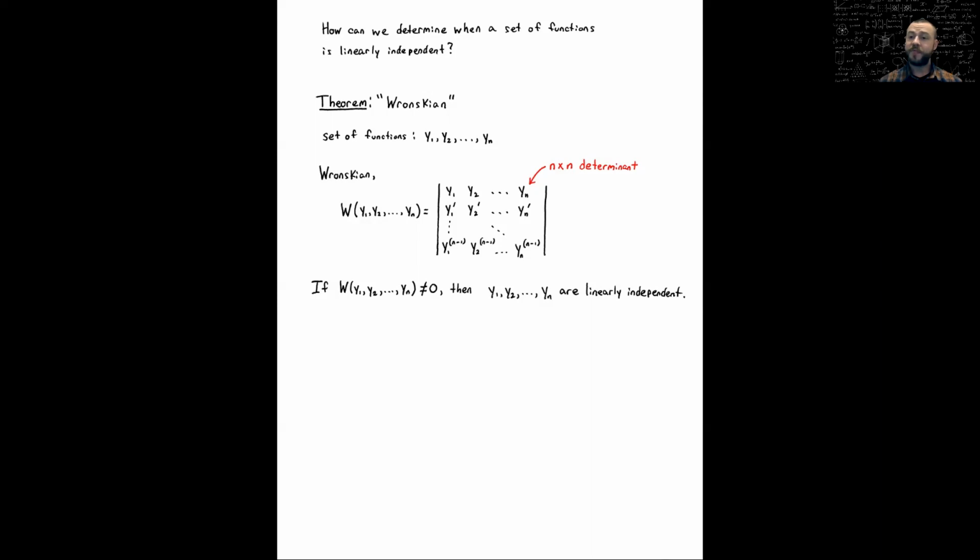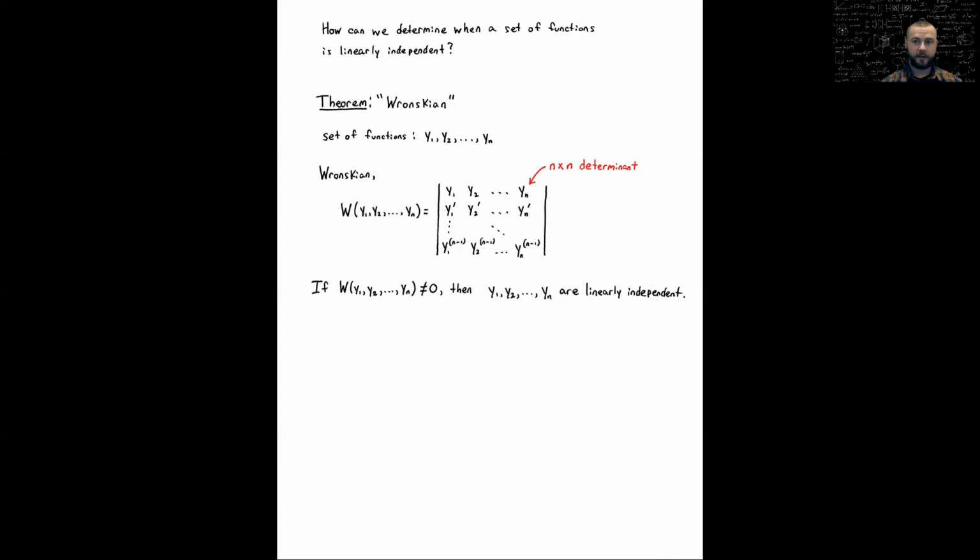Notice since we start with the functions at the top, y1 through y sub n, in the bottom row, we have n minus 1th derivatives, not nth derivatives. So basically first row, we put all the functions, each row below successive derivatives.